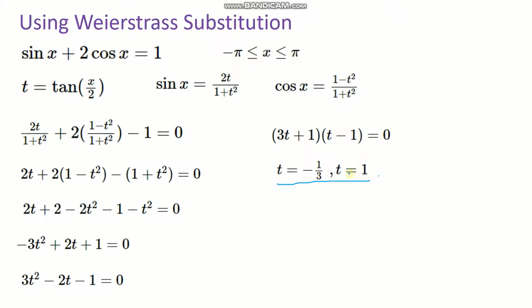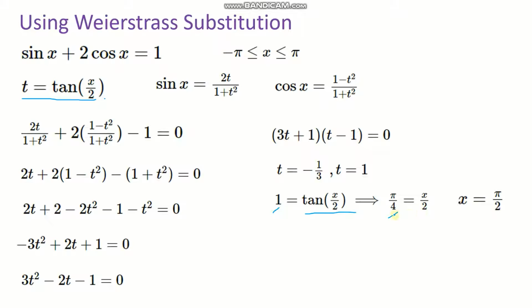Using t equals 1 and the substitution t equals tangent x over 2, we have 1 equals tangent x over 2. We take the inverse tangent, and we know that the inverse tangent of 1 is pi over 4, equals x over 2.